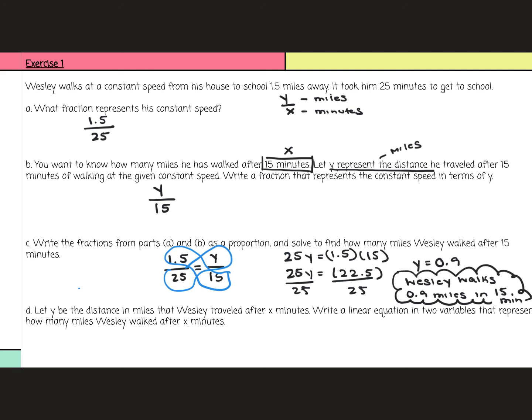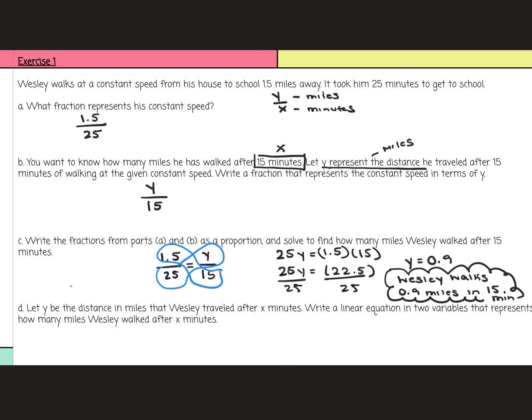All right. Now looking at D. D says, let y be the distance in miles that Wesley traveled after x minutes. Write a linear equation that represents how many miles Wesley walks after x amount of minutes. Again, using that proportion, we know that we have 1.5 over 25. That's from part A. And again, we're looking at it in terms of y over x. Solving the proportion, we're going to cross multiply.